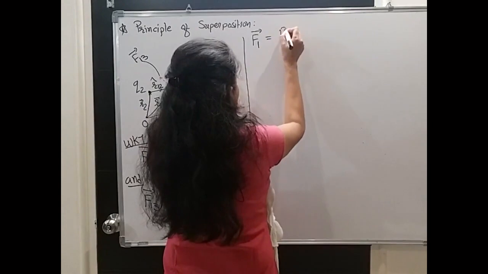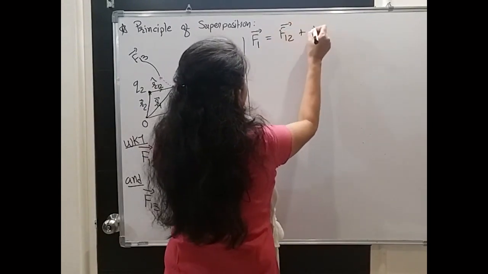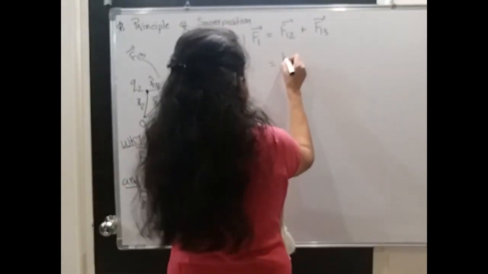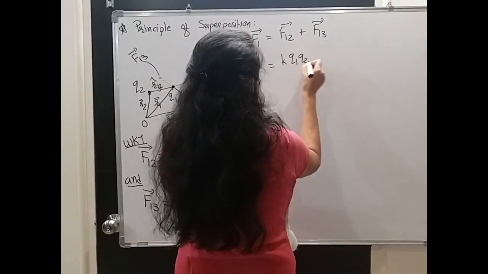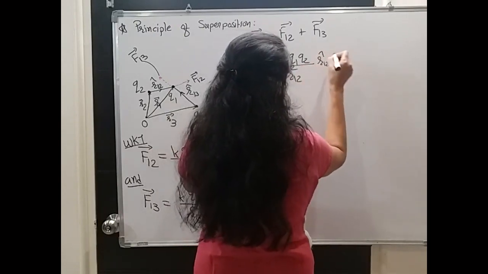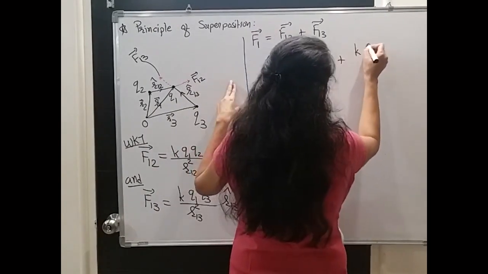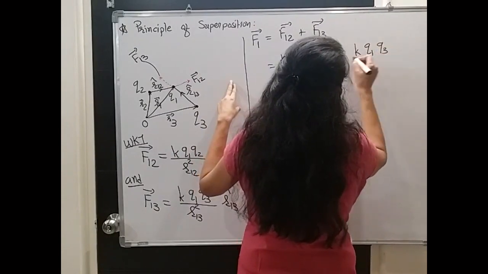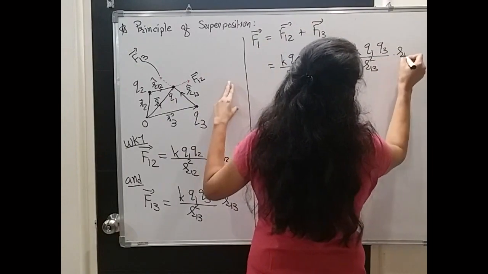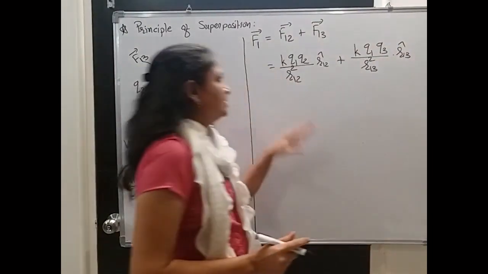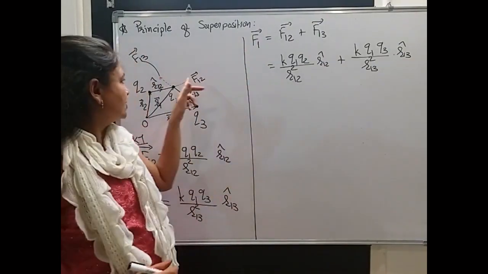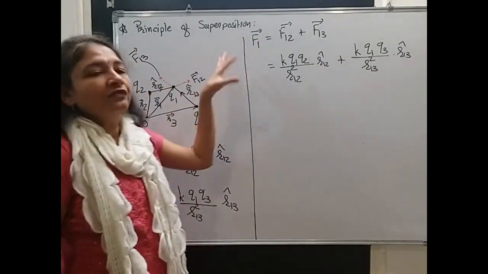That means vector F12 plus vector F13, which can be written as K Q1 Q2 upon R12 square into unit vector R12 plus K Q1 Q3 upon R13 square into unit vector R13. This gives you the net force acting on this charge Q1. Okay. Now, we can generalize this.